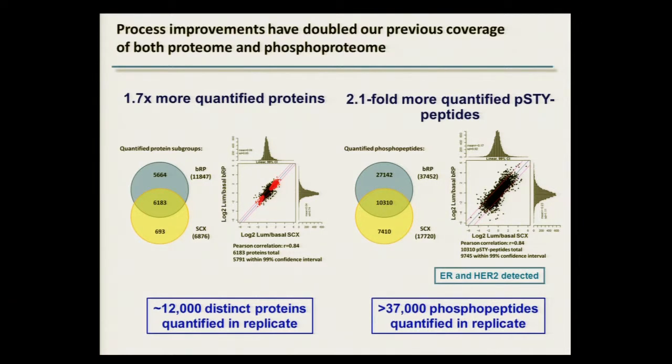So the best strategy is to mix your samples together as early as possible with isotopic labeling, as Namrata has shown you, with SILAC quantification.